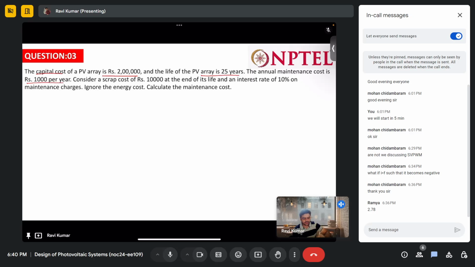Consider a scrap cost of 10,000 at the end of its life and an interest rate of 10% on the maintenance charges. Ignore the energy cost, calculate the maintenance cost. So you need to calculate total maintenance cost which you will be putting in future annually. What is the total cost of those maintenance in present value? And these are the options.